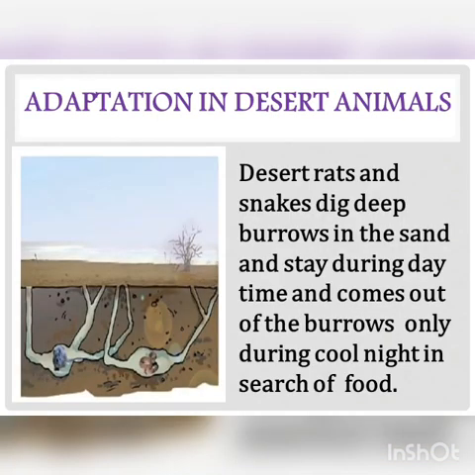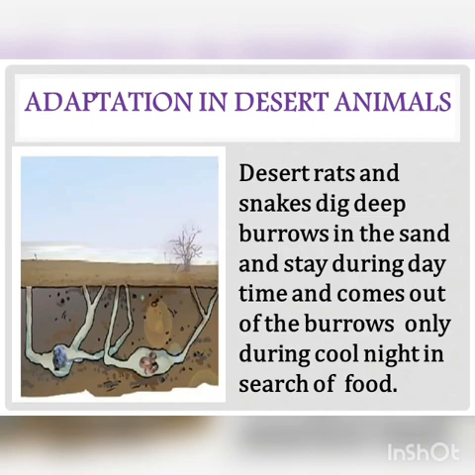Next, we'll see adaptations in desert animals. In deserts, there are animals like desert rats and snakes which do not have long legs like a camel to keep their body away from hard desert sand. So, to survive in the desert, these animals have some specific adaptations.